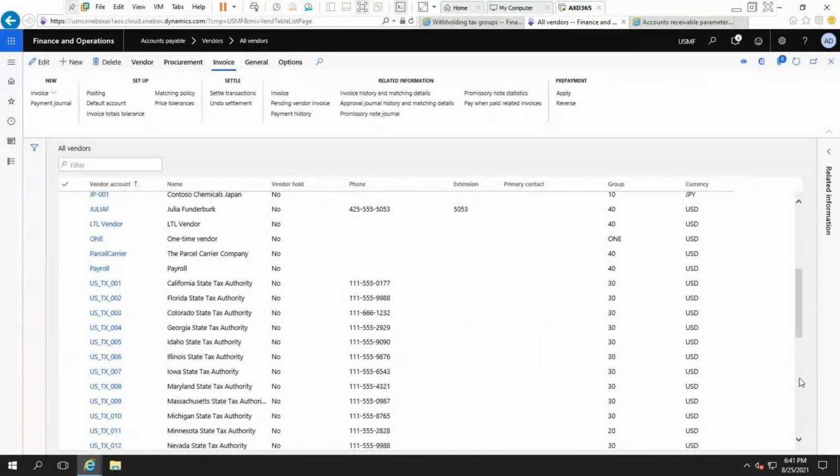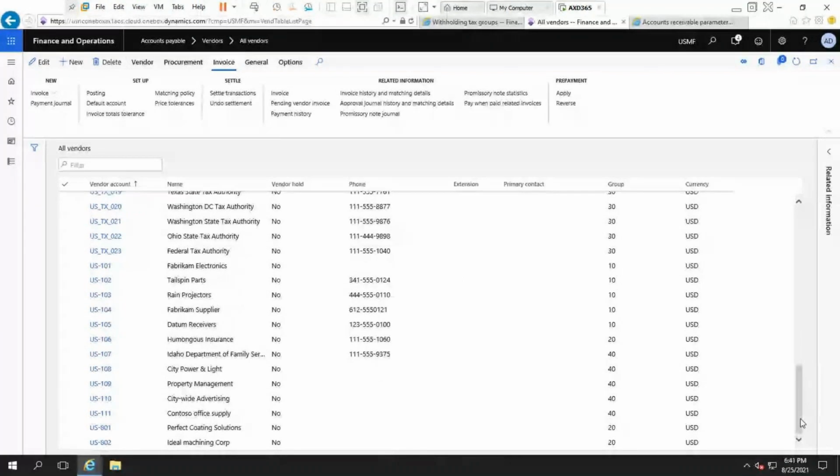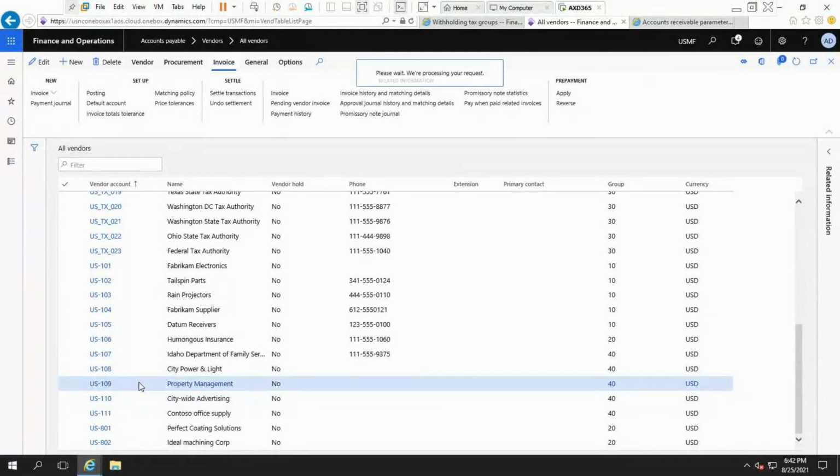Let me take one vendor as an example, US 109 property management. You are taking services from the vendor.